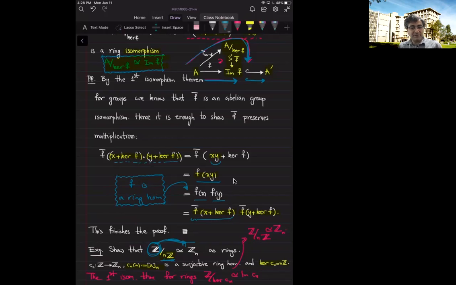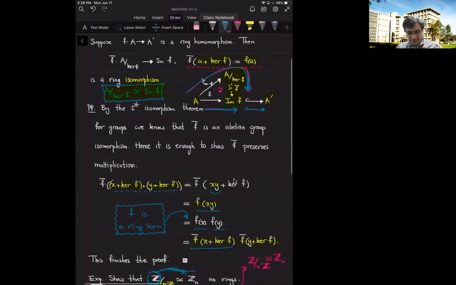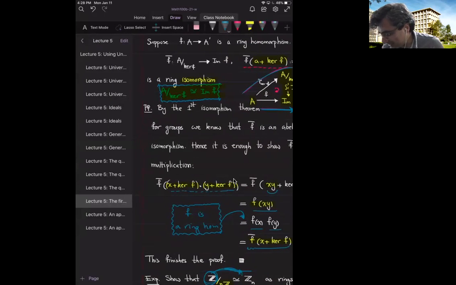Therefore, by the first isomorphism theorem for rings, we have that Z modded by the kernel of the residue map C sub n is isomorphic to the image of C sub n. The kernel of C sub n is nZ, and the image of C sub n is Z sub n. And therefore, Z modded by nZ is isomorphic to the ring of integers modulo n. Let's see a bit more complicated, more useful, interesting example.